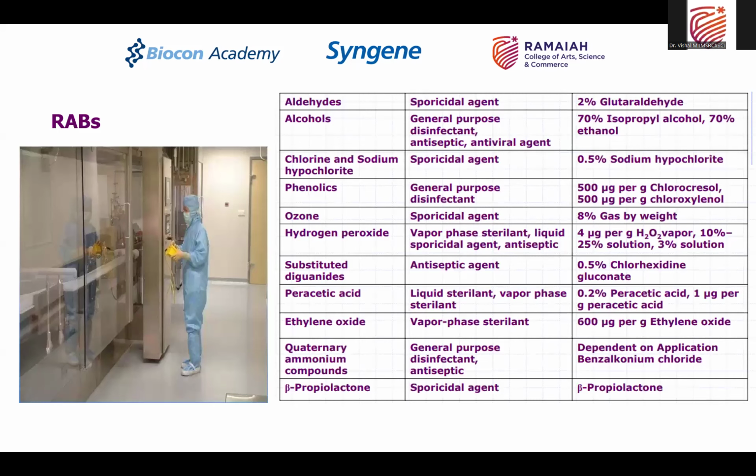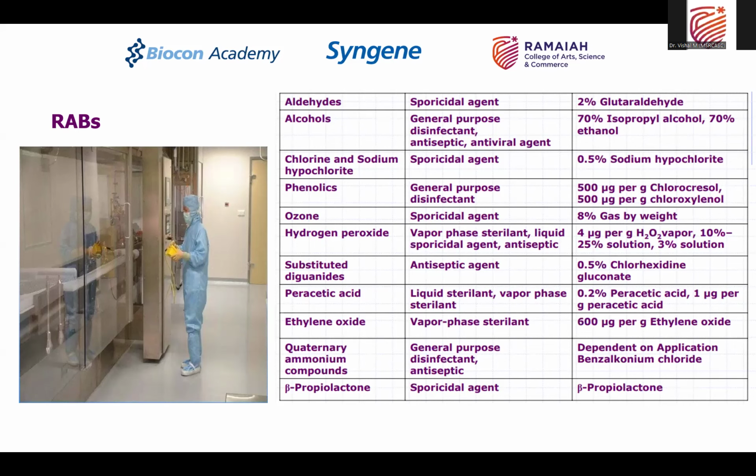Now, all these are agents which you use for cleaning the surface. This topic will be covered by another faculty, so I'm just going to go through the general things. The basic working principle of alcohol, how it kills the organisms and all, will be covered by another faculty.